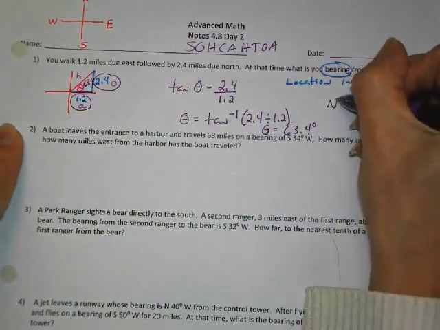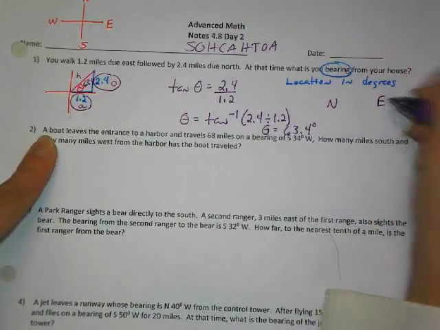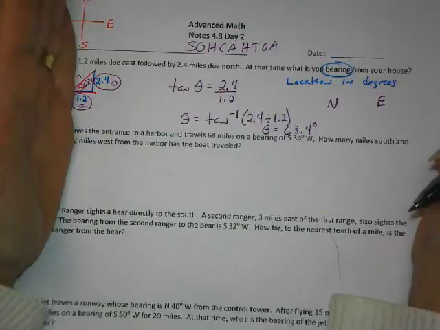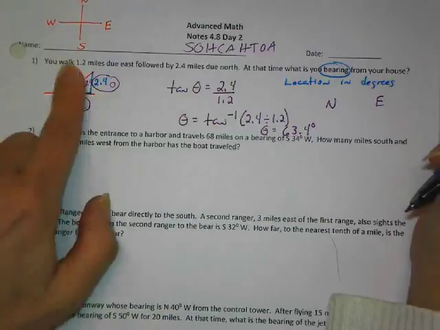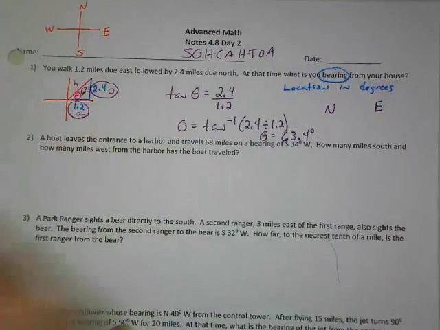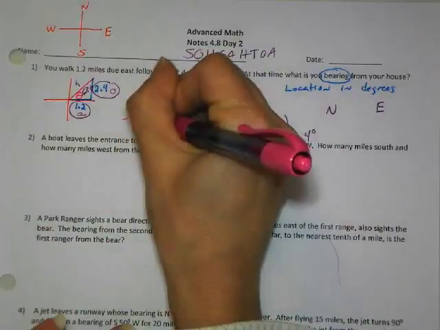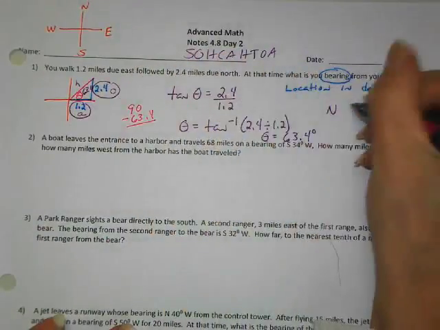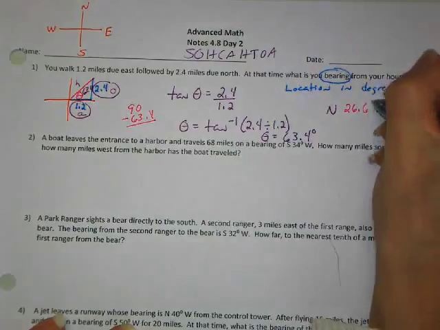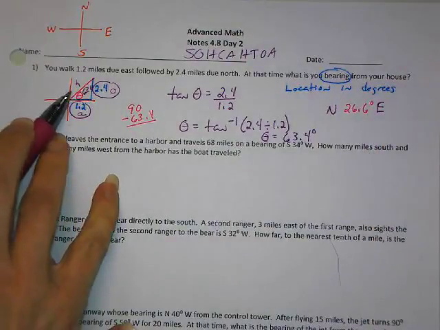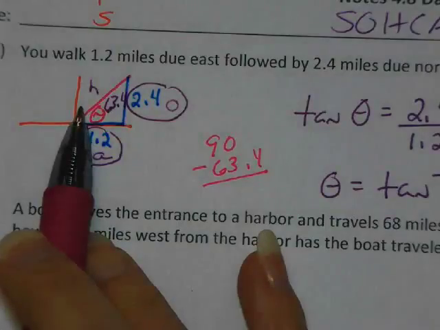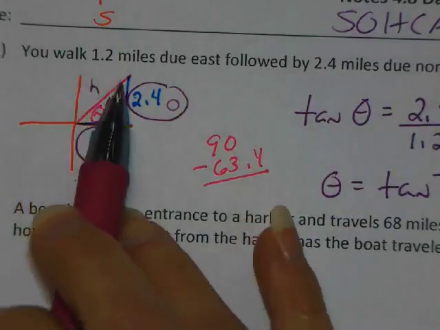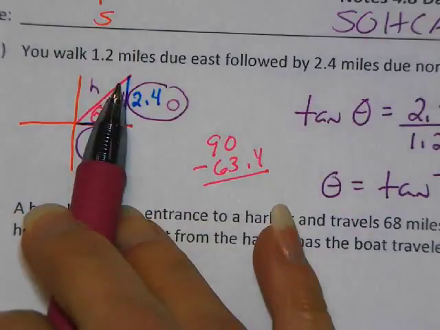So I am north, how many degrees east? Because I have to feed off north, I'm not 63.4. What is this corner? Isn't this a 90-degree angle? So now I do 90 minus 63.4, and I get 26.6 degrees east. Do you agree that this complementary angle here would be 26.6? So now I am north 26.6 degrees heading in an easterly direction.